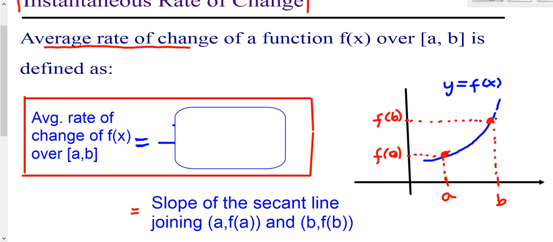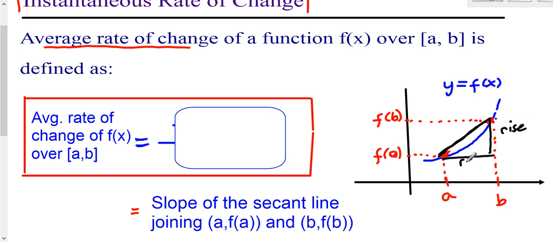Hopefully we already know that from algebra, but let me do a quick reminder. You would draw the secant line between those two points, and the slope of that line would be your rate of change. The slope of this line is the hypotenuse of this triangle, so it will be rise over run.